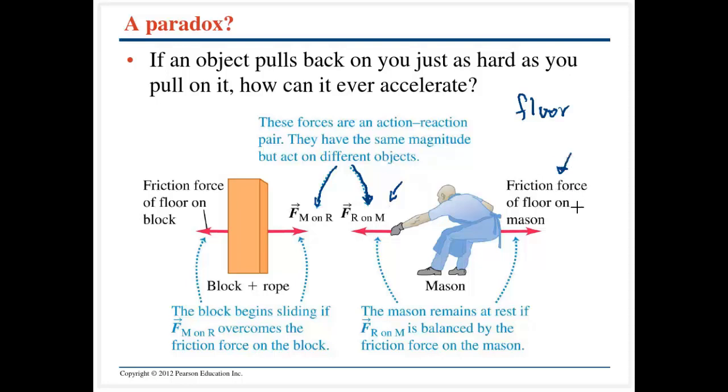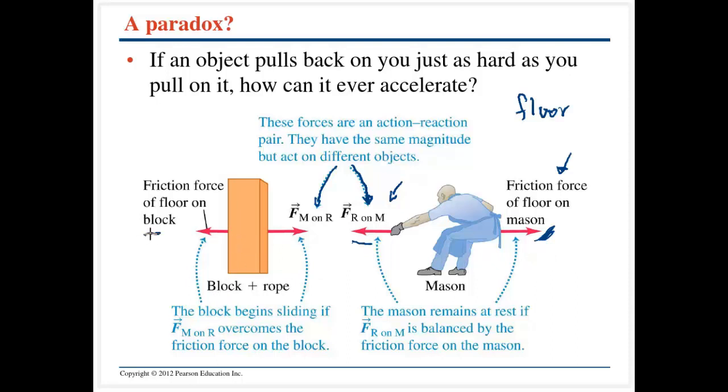I mean, if you think about it, if there was no friction force, then the mason could not exert a force on the rope. So essentially what we're saying is that the mason cannot pull on the rope any larger than what his friction force will allow. Now the same thing is true for the block and the rope.